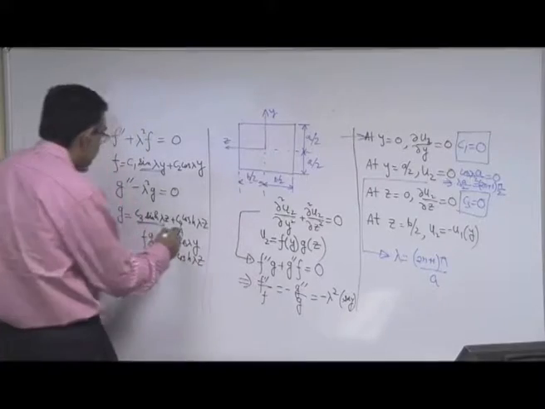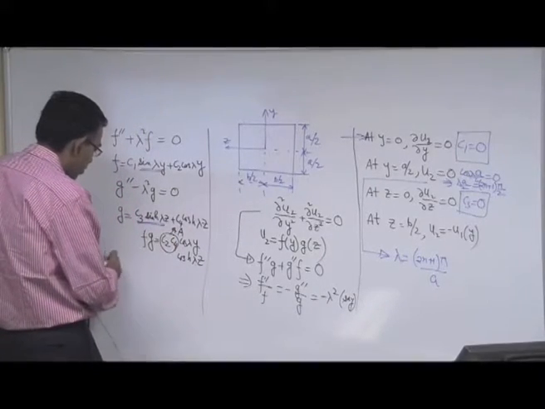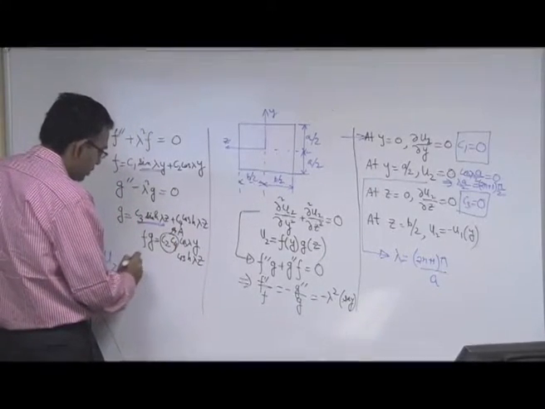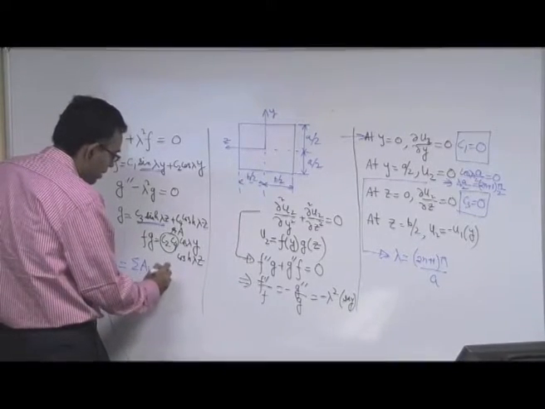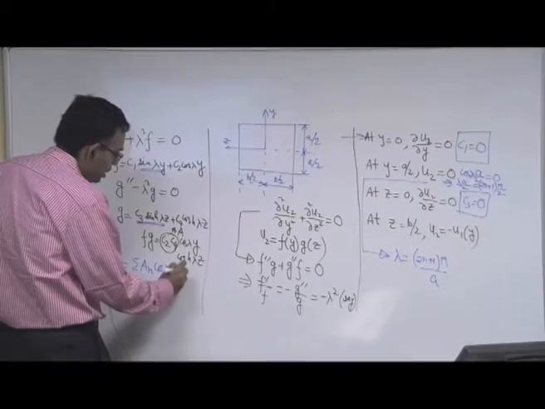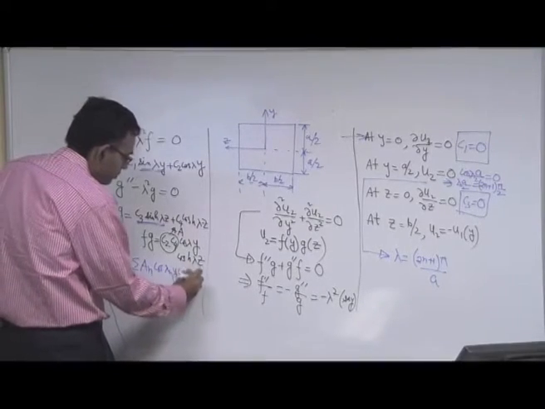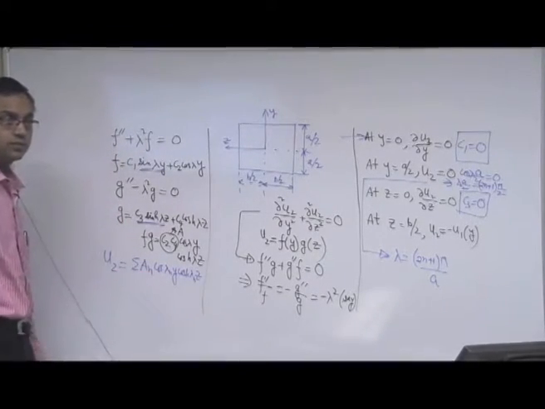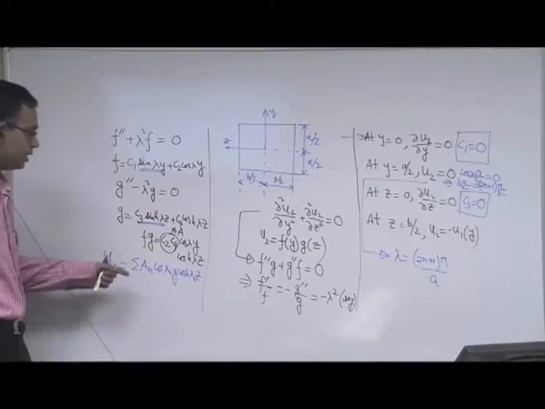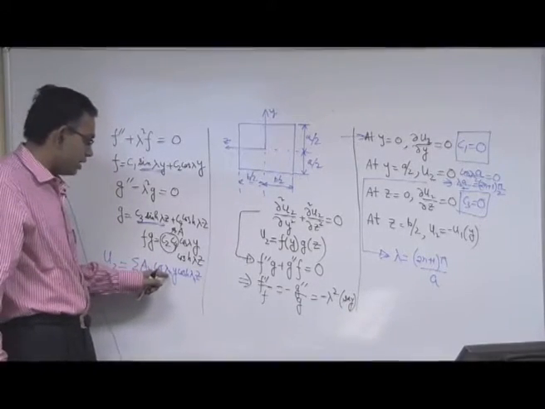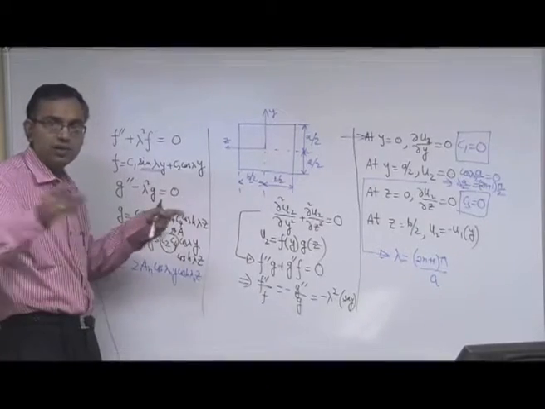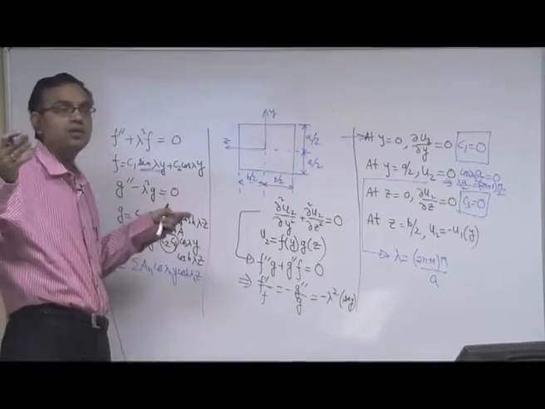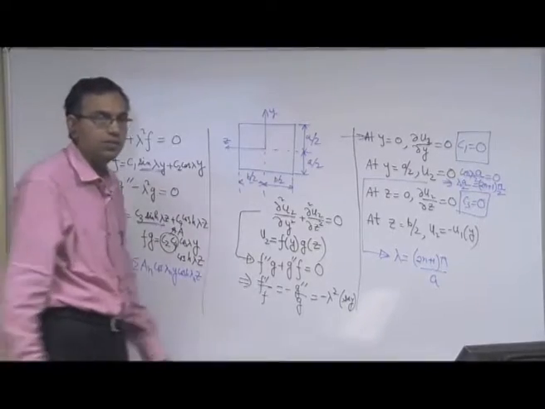So, instead of writing the solution in this way, we will write u2 is equal to summation of a n cos lambda n y cos h lambda n z, right. The reason is pretty clear, that for each value of n you have a corresponding solution, the resultant solution is a linear superposition of all these solutions, because the governing differential equation is linear.